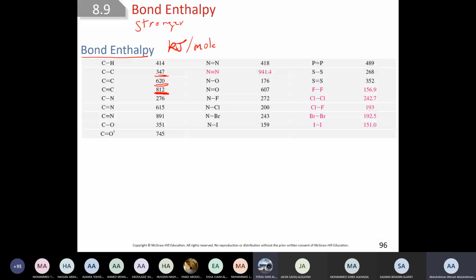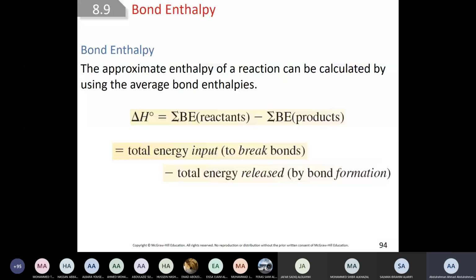Now, a chemical reaction. What's a chemical reaction? You imagine that you are breaking all the bonds and making all the bonds. Whatever you break, you're going to give it delta H positive or negative? Positive. Whatever you make, you're going to do it the negative way.